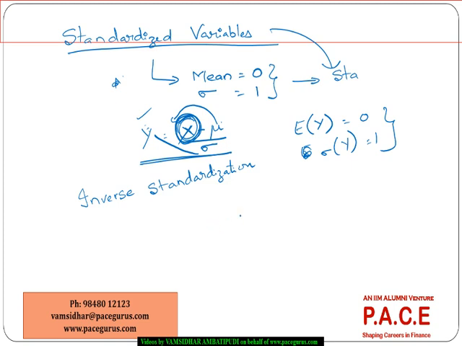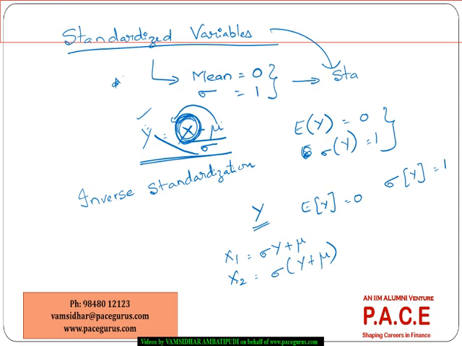Now, let's assume there is a variable y, just taking it as an example. I'm taking a random variable y where the expected value is 0 and the standard deviation of y is 1, which means y is a standard random variable. And now I have two other variables, let's say x1, which is sigma y plus mu, where sigma and mu are constants. Then I also have x2, which is sigma times (y plus mu).